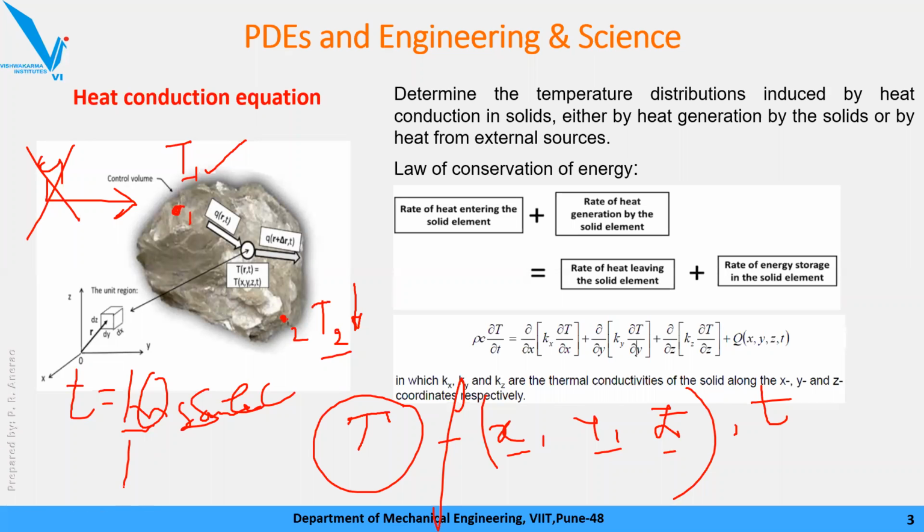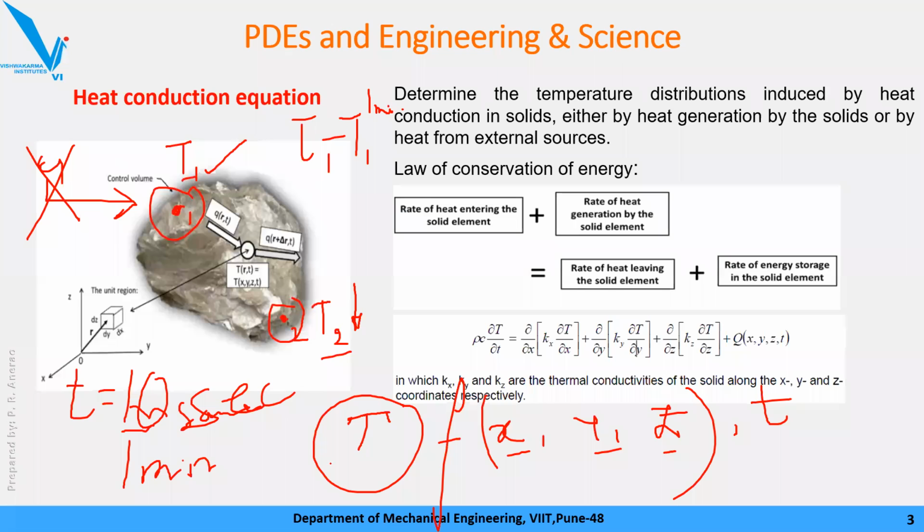And after 1 minute, again with the same locations, location number 1 and location number 2, we measured the temperature. So the earlier temperature and the temperature after 1 minute are obviously different. ठीक है, कंडक्शन के वजह से टेम्परेचर थोड़ा कम हो जाएगा, राइट? कूलिंग इफेक्ट होगा वहां पे.